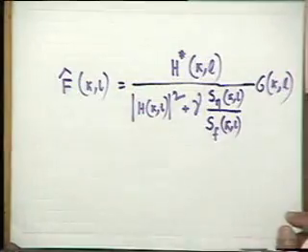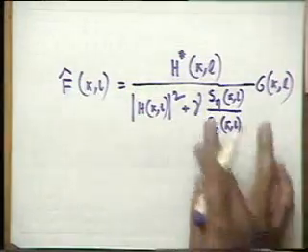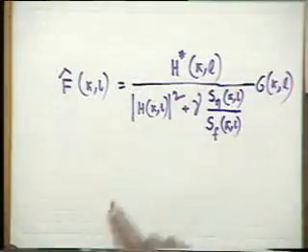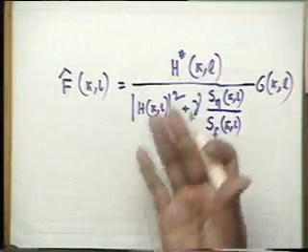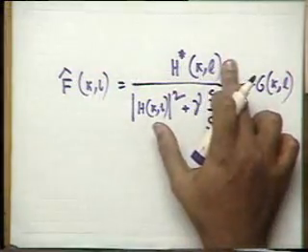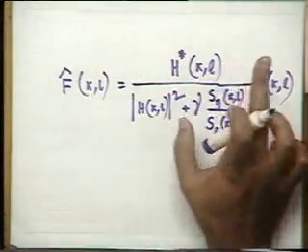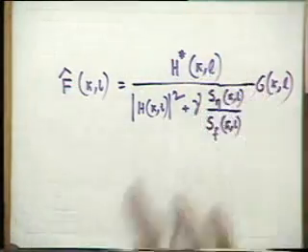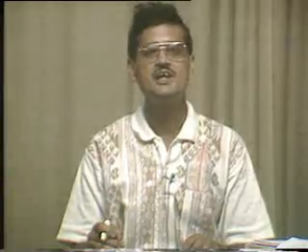Now this expression is okay, but there is a term H star KL, so let us do something with it. If I multiply this by 1 upon H_KL, multiplying the numerator as well as the denominator by H of KL, the numerator becomes mod of H_KL square, and in the denominator we get the H_KL term.